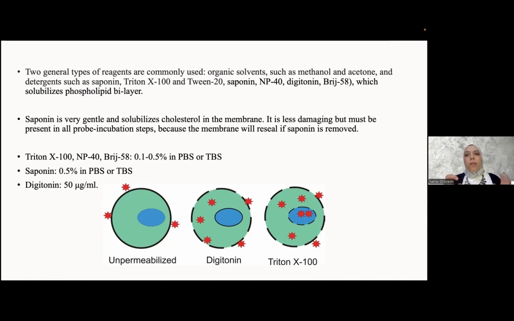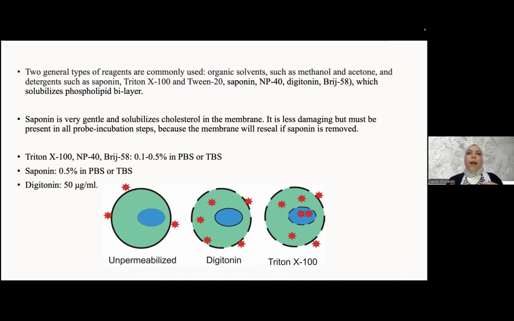And sometimes some dyes, like lipid dyes, prefer saponin, but it must be present in all probe incubation steps because the membrane will reseal if the saponin is removed, because it is very gentle.